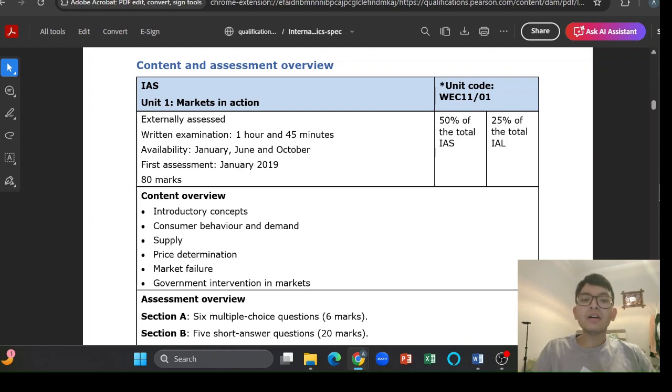It's basically just a detailed version of the GCSE content. And even if you have not taken GCSE economics, you will still find these concepts very easy, like supply, demand, price determination, market failure. These are pretty simple topics, just more detailed, and you just have less time to cover them.